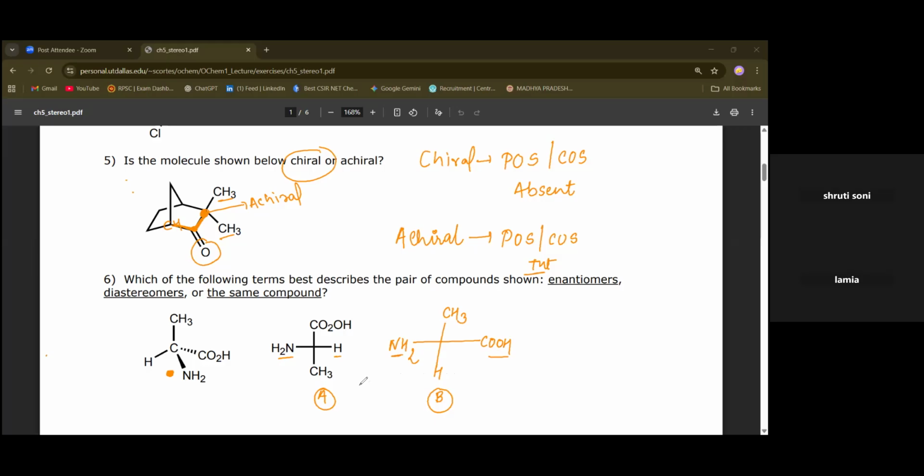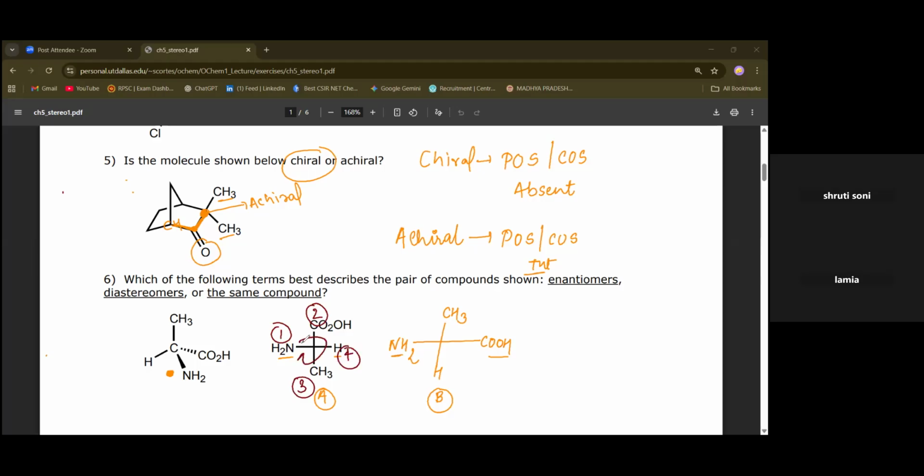Okay, so let's start with giving numbering, which has first priority. R and S, first for compound A. So that one, it would be nitrogen first, right? First NH, nitrogen. Then second, this one, CO. Third, and fourth.